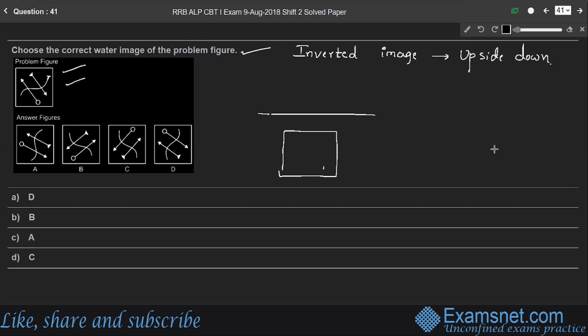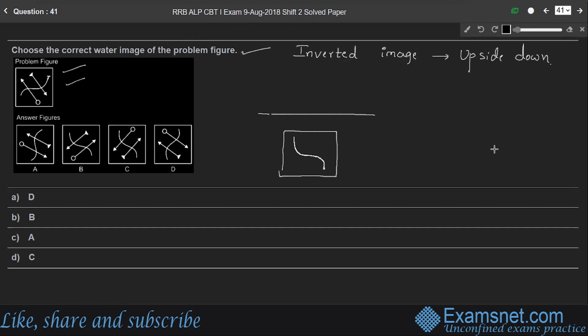And the other end is the lower part in the problem figure, so this becomes the upper part in the image. Therefore, this curved line looks like this.